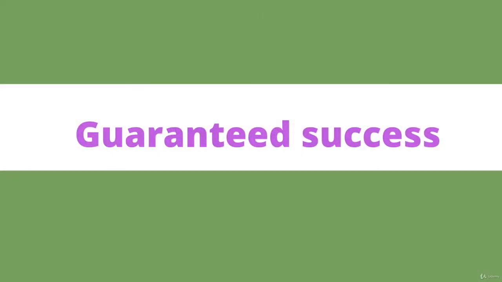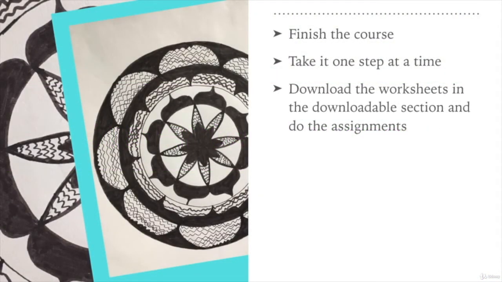Okay, I just want to quickly talk to you about a few steps that you can take to get a guaranteed win out of this course. So you have already invested in this course, which means that you are ready to change something in your life and you need some guidance to get you through the process. So what I want you to know is that you should finish the course.